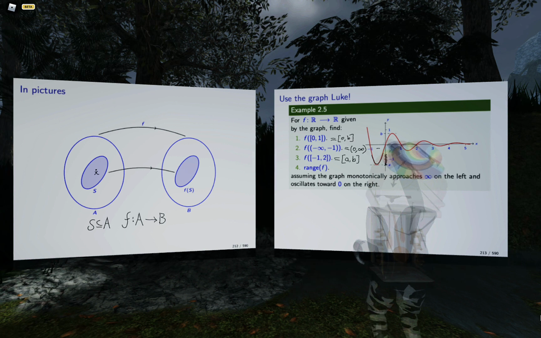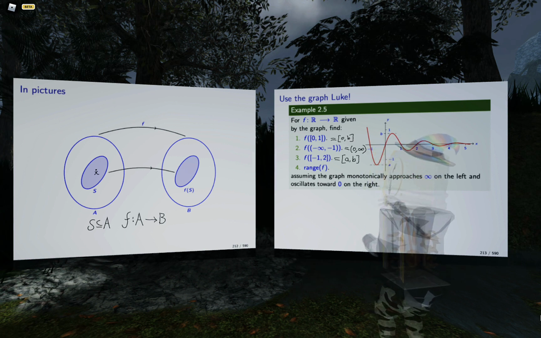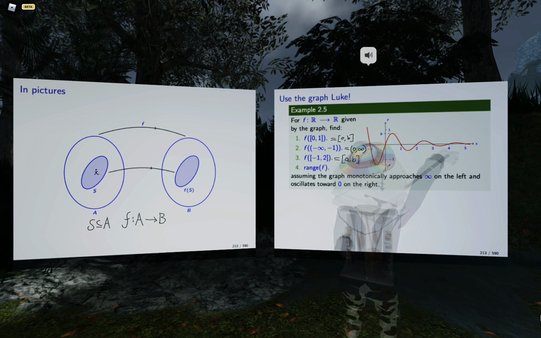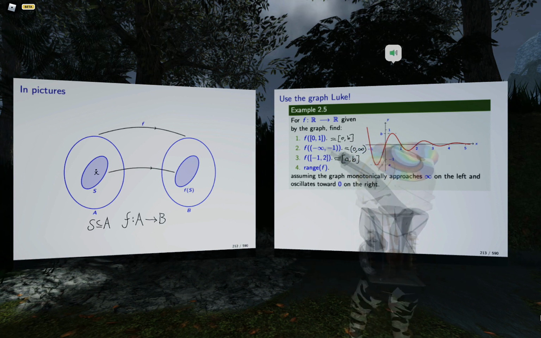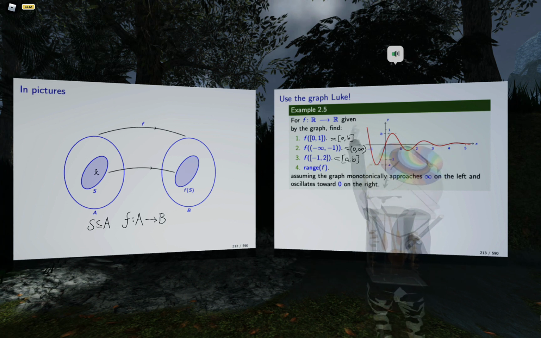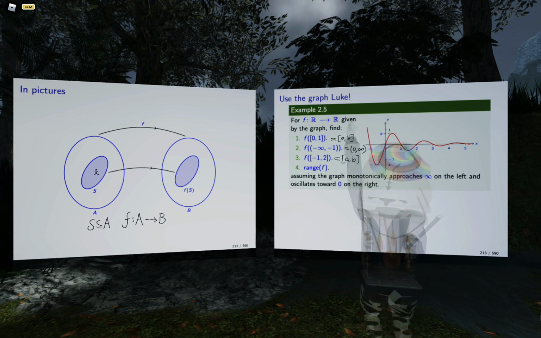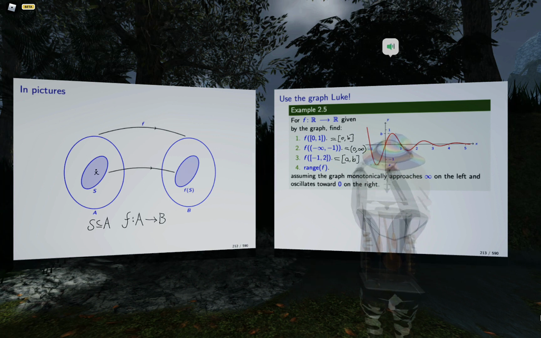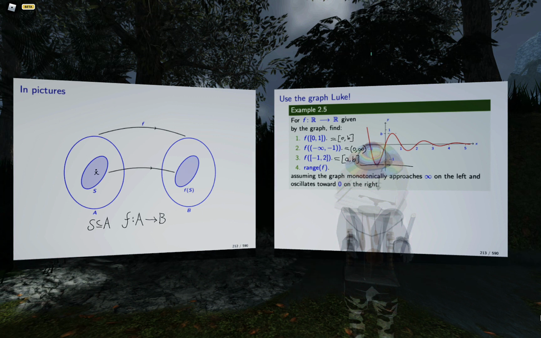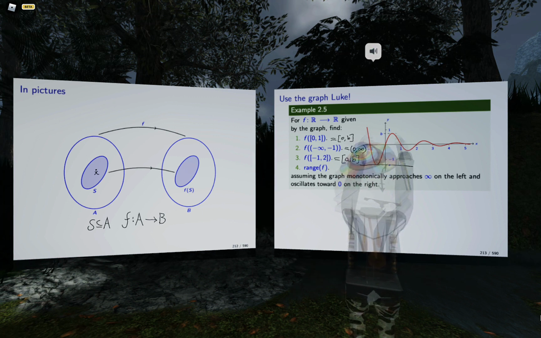Okay, one more. Range of f. Okay, so that means I take all the inputs. Now, if I go over that way to the left, I'm going to get all the numbers that are large. So I'm going to get up to infinity. I can't get anything lower than this, right? This is the lowest it goes. But I get everything above there.